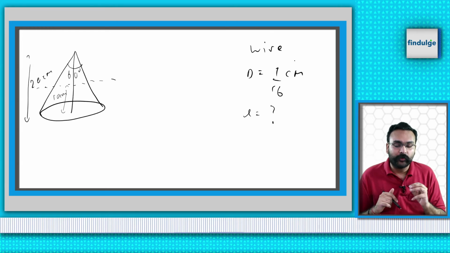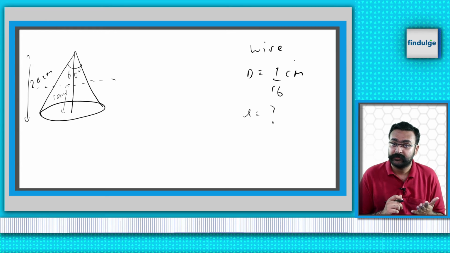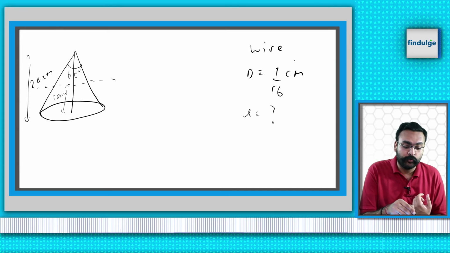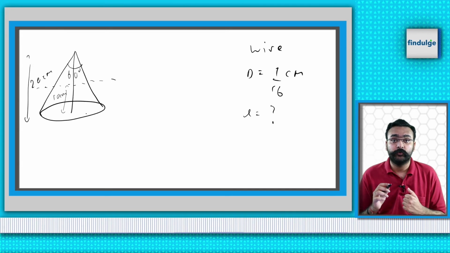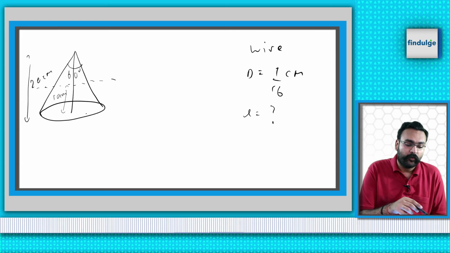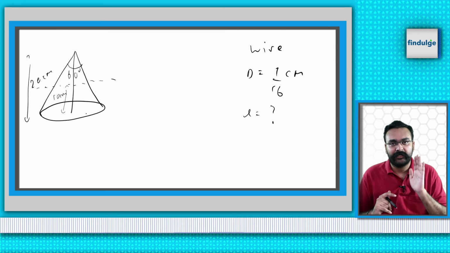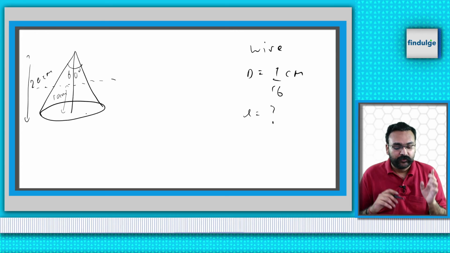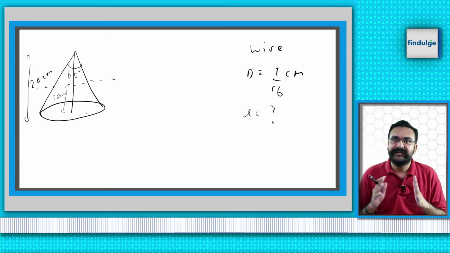But we still don't have all of our information about our frustum. If I want to find the volume of the frustum, then I need to find the two radii. We will do that using trigonometry. Now this is a property that you can use directly: your cone is a right circular cone.